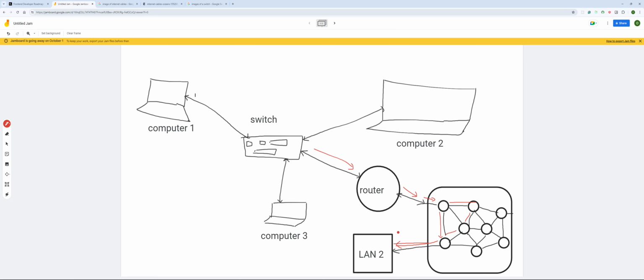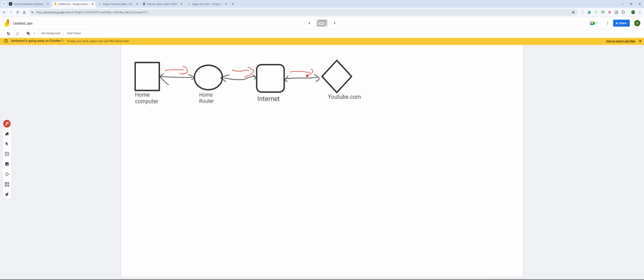The internet does this thing and finds the resource you're looking for, and then the resource is sent back, right? So I asked for YouTube's homepage. YouTube's homepage is sent back. Now, YouTube isn't floating somewhere in the air. It is sitting on actual computers.